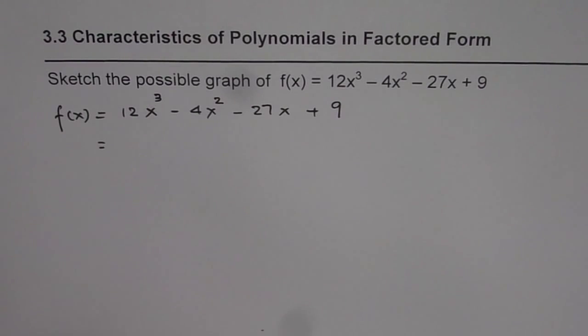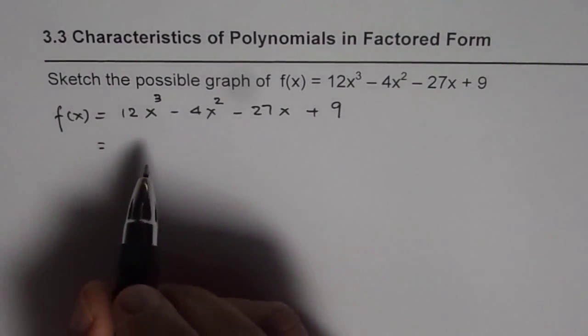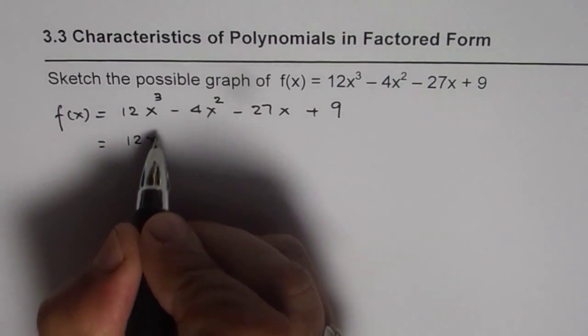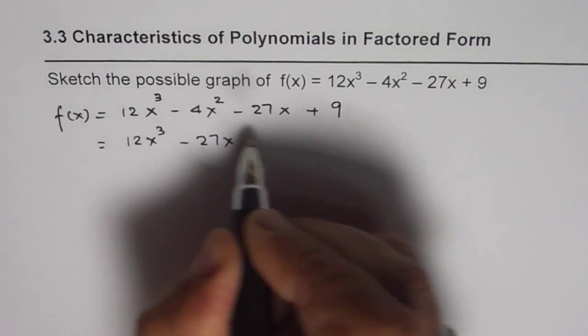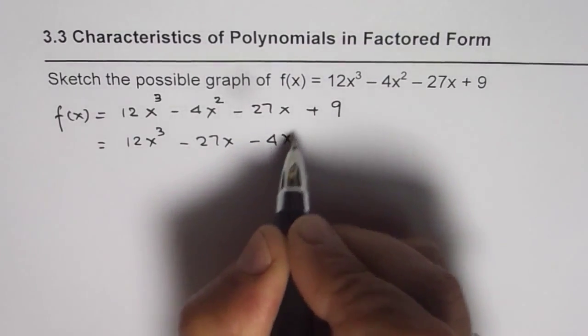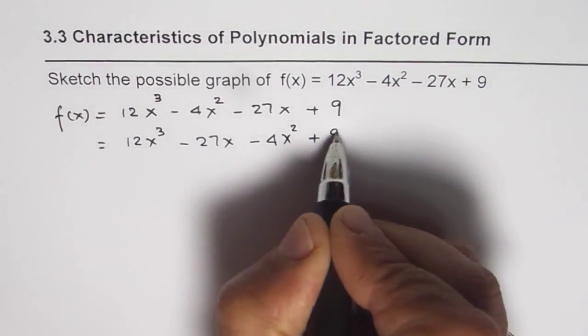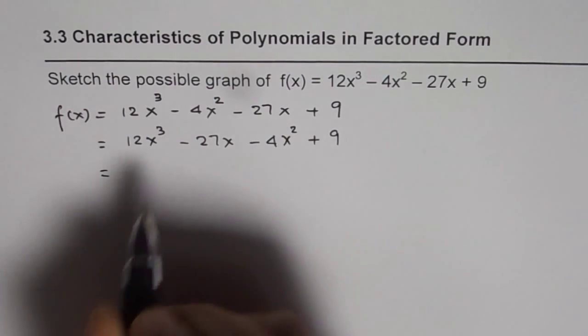These are the techniques which you already know. We will learn some more when we learn about remainder and factor theorem. So let us rearrange. We will do 12x cubed minus 27x, and we'll take minus 4x squared plus 9, right? That helps with factoring.